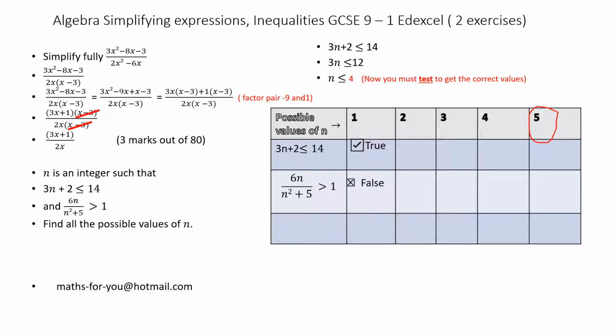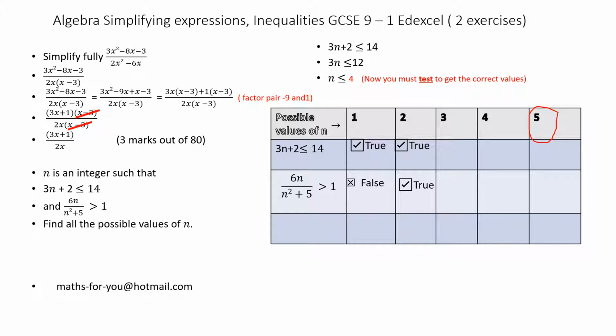Now, for 2: 3 times 2 is 6, 6 plus 2 is 8, and 8 is less than 14, so that's okay. Now, 6 times 2 is 12, 2 squared is 4, 4 plus 5 is 9. If you divide 12 by 9, the answer is certainly greater than 1, so that's okay.